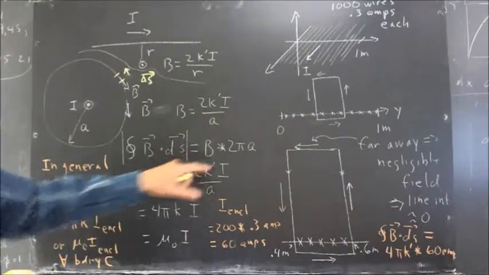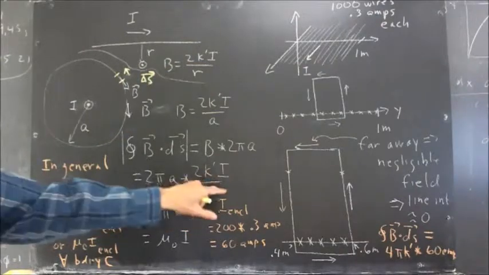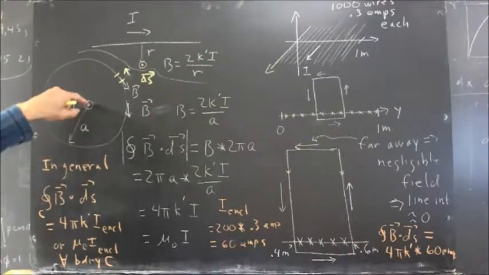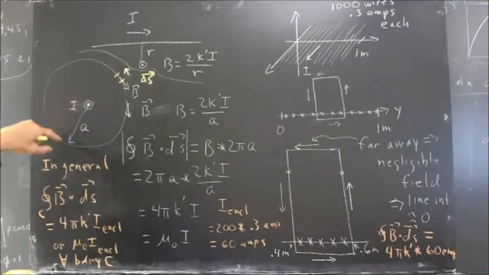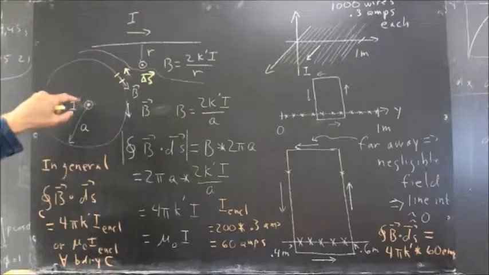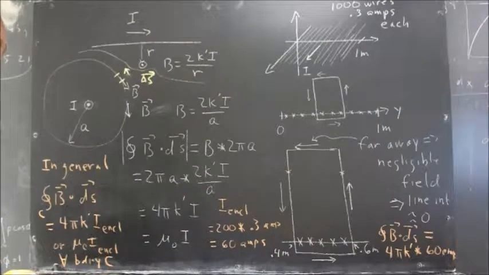The magnetic field here is 2k prime I over R. So R in this case equals A, the R being the distance from the current to the point at which we calculate the field. And we get this expression very clearly.